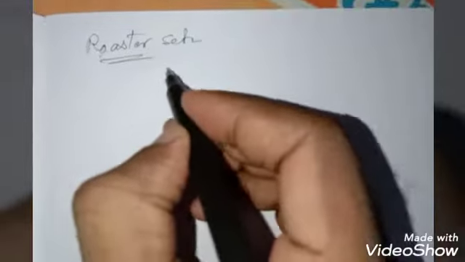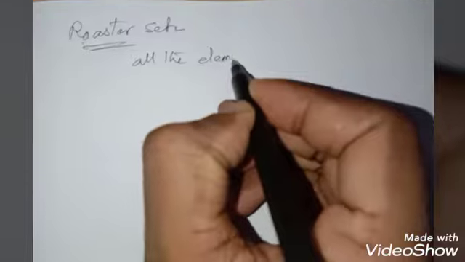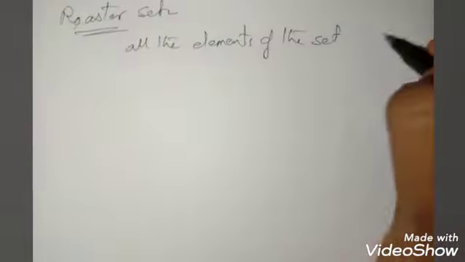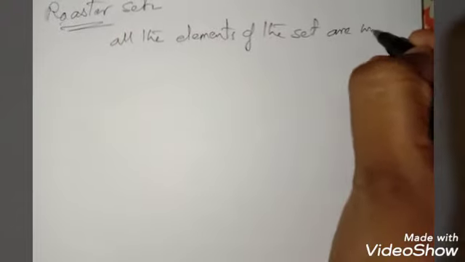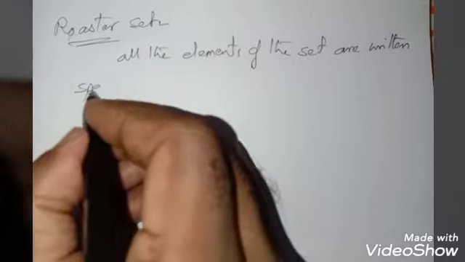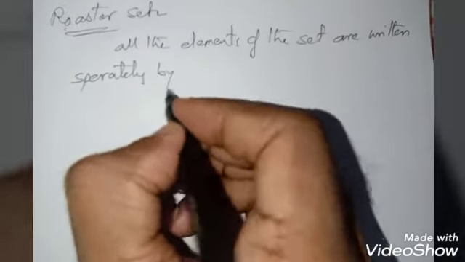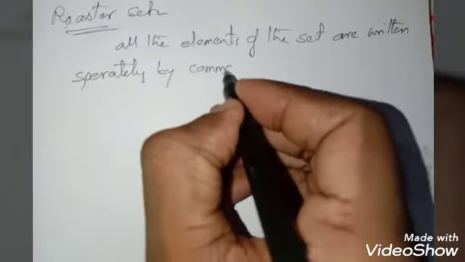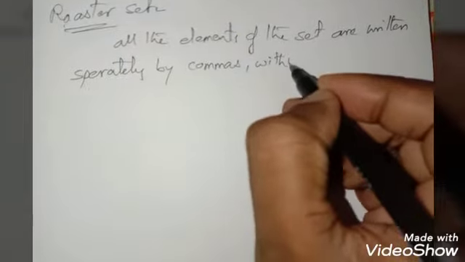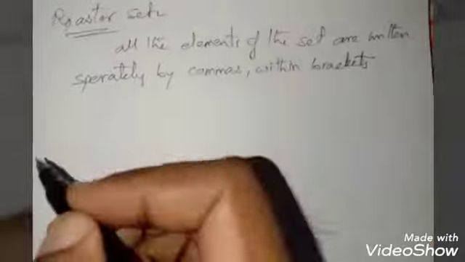Now as per the definition, all the elements of the set are written separately by commas within brackets is called roster form.